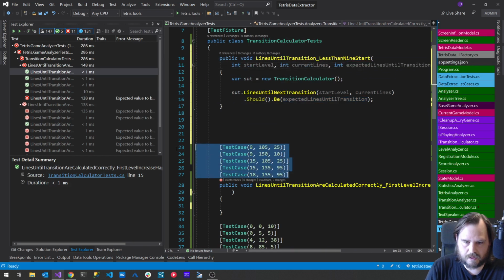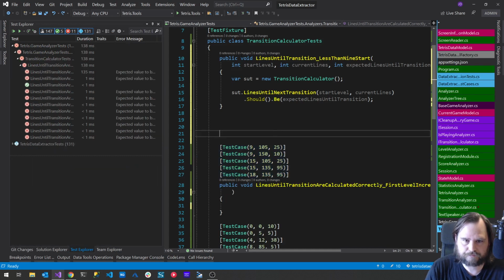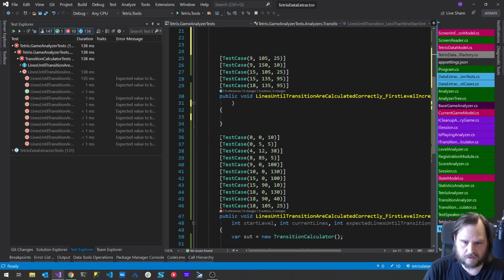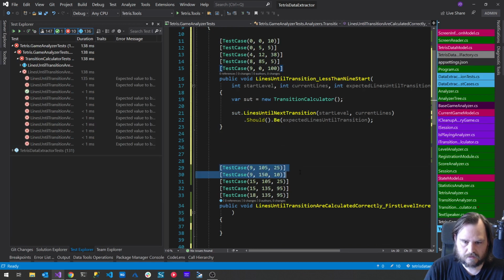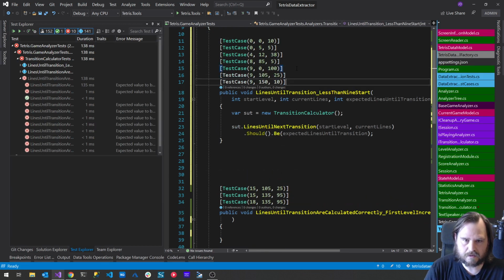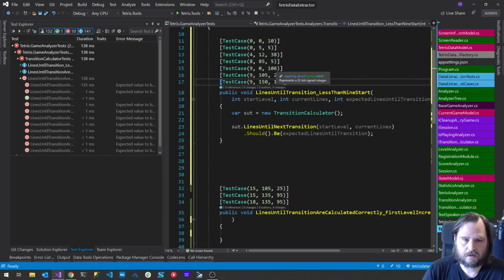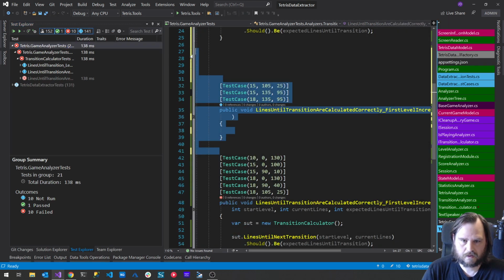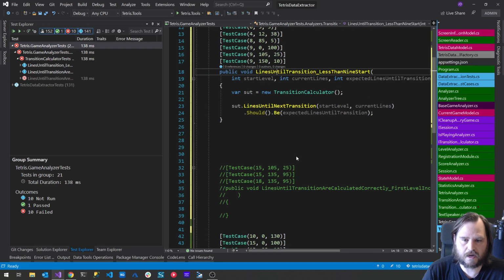It's essentially the same thing now that I'm... no, actually, it's not the same thing. So we're going to have a bunch of test cases here when you start at or below 9. I want these. Blank that out. Let's run these tests.